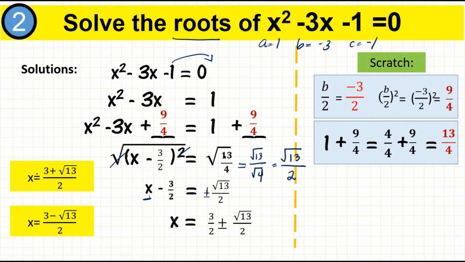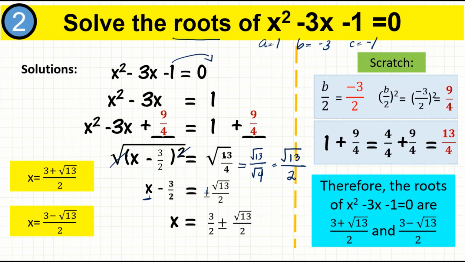We cannot add whole numbers to the radical. So that is why the final answer, the roots of x squared minus 3x minus 1 equals 0 are 3 plus square root of 13 over 2 and 3 minus square root of 13 over 2.